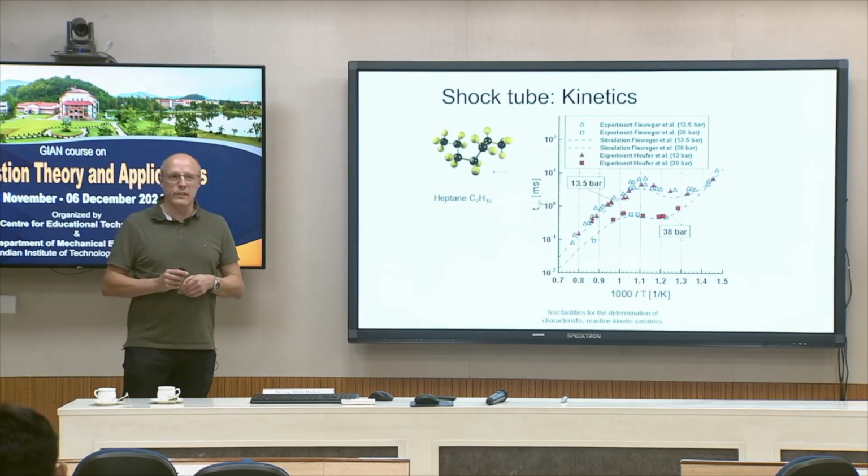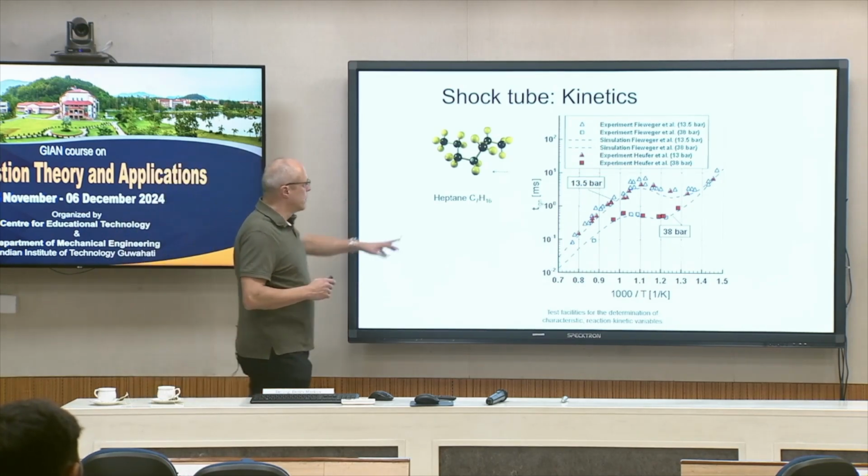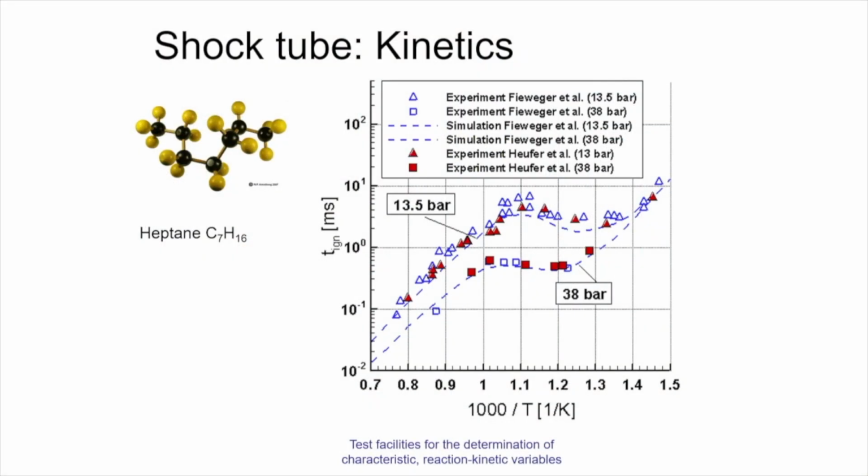This plot we have seen, or a similar plot we have seen yesterday. So the ignition delay time of n-heptane at specific conditions. Here, ignition delay time as a function of temperature at 2 high pressure conditions. And we see again our negative temperature coefficient we have discussed already yesterday.